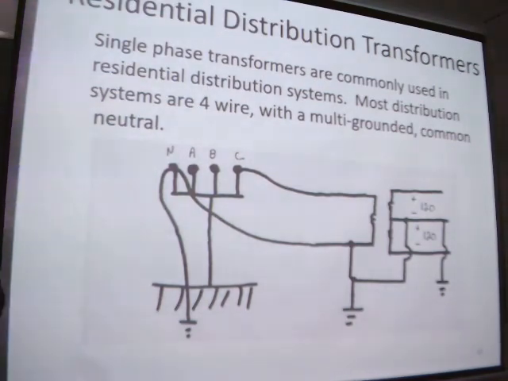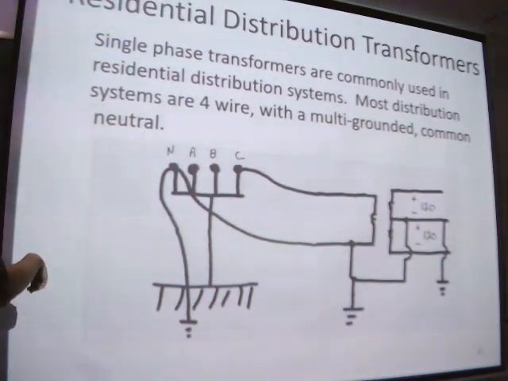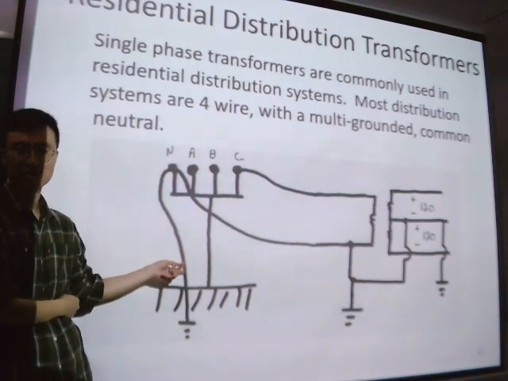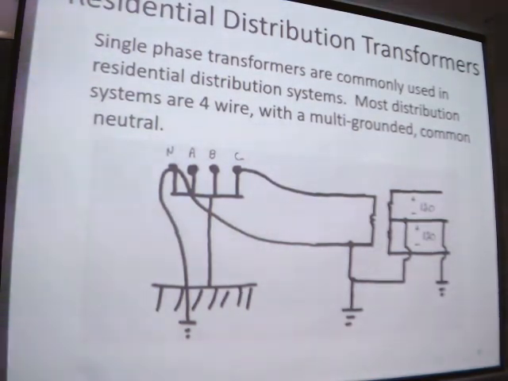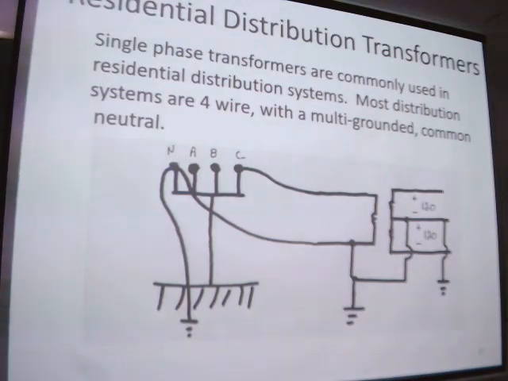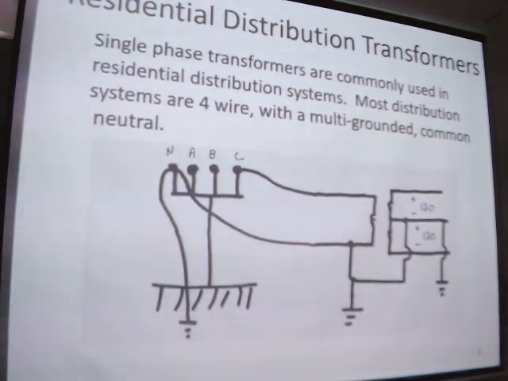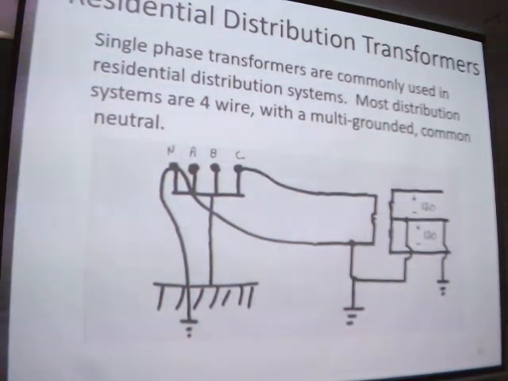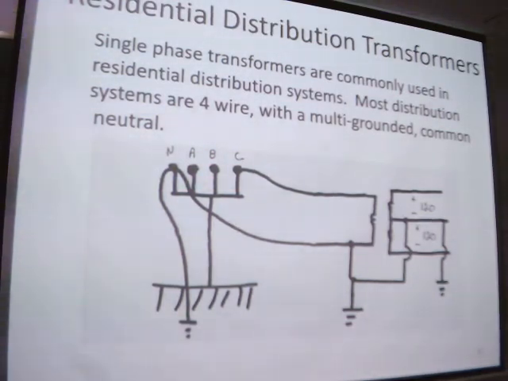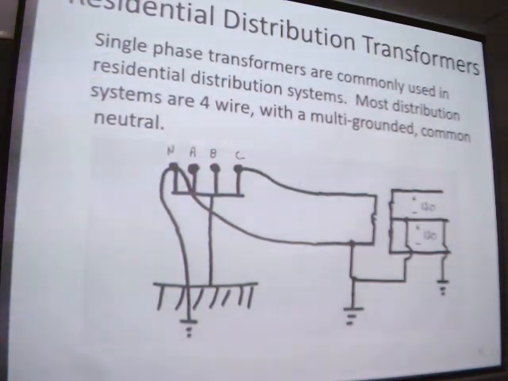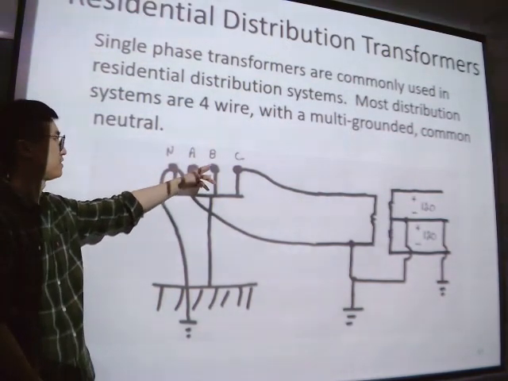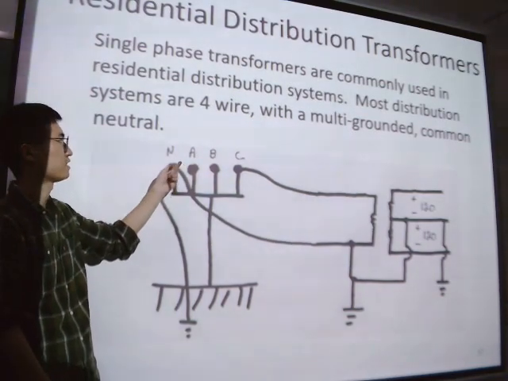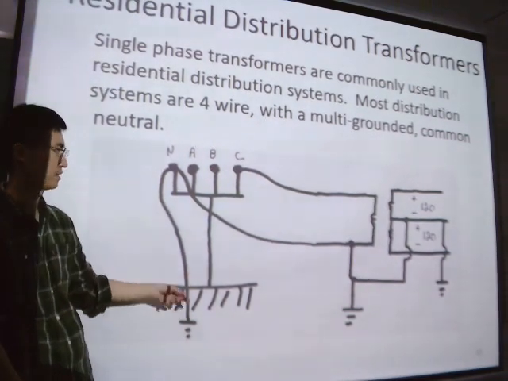So here is residential distribution, actually how the real transformer in our real world will work, okay? So there will be distribution transformers. We generally use single phase transformers. However, most distribution systems are 4 wire, okay? Phase A, phase B, and phase C, and here is neutral, the grounding.